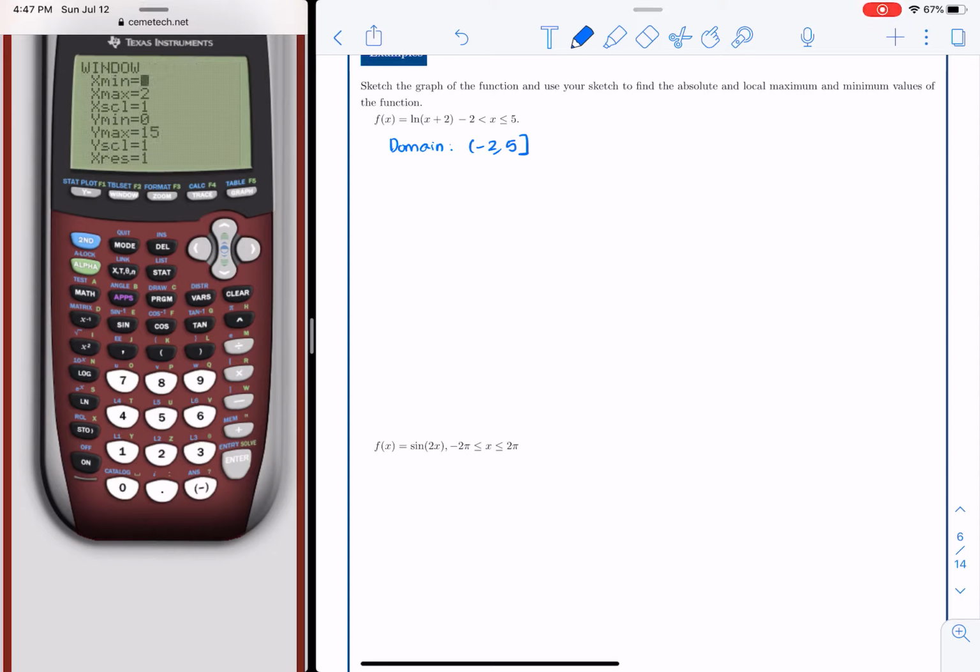Let's adjust the window, minus 2, all the way up to 5, and graph. I need to have the negative side too.